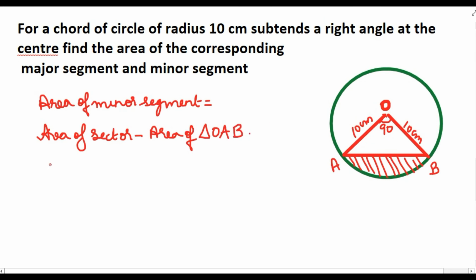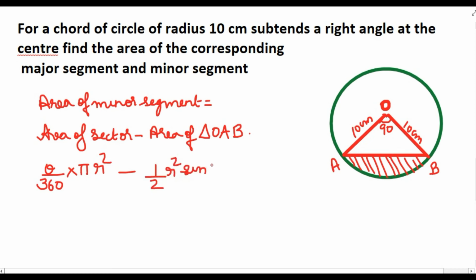Now area of sector, we know the formula, theta by 360 into pi r square, minus area of triangle. The formula for area of the triangle formed with the radius and the chord is half r square sine theta.